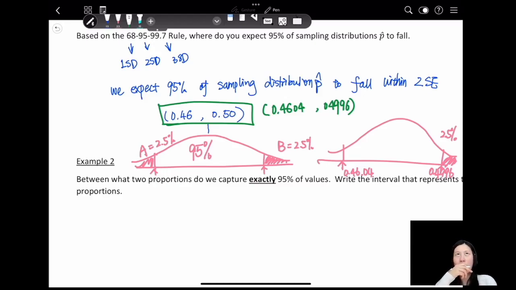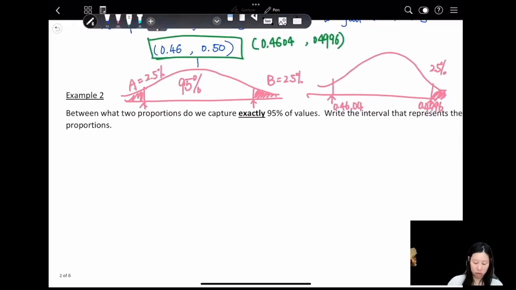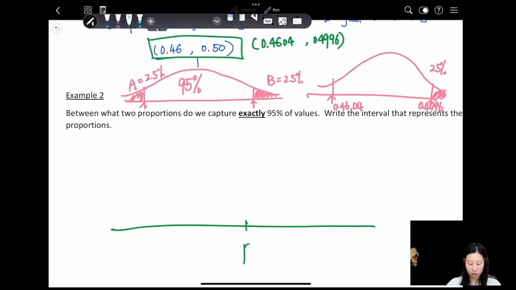Okay, so how do you understand what a confidence interval is? You can think about it as when you try to catch a fish in a lake. Let's say our p hat, which is a sample proportion, is the fish that we're trying to catch.